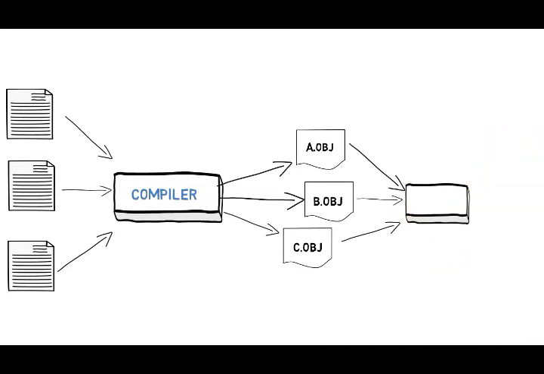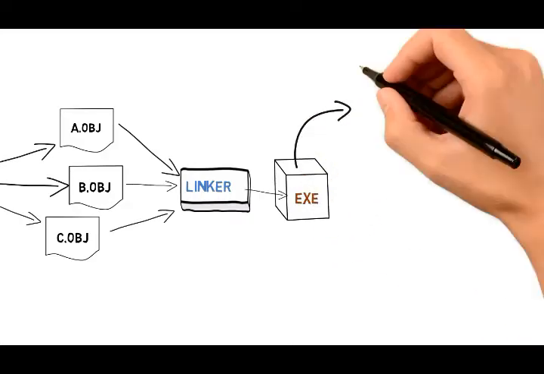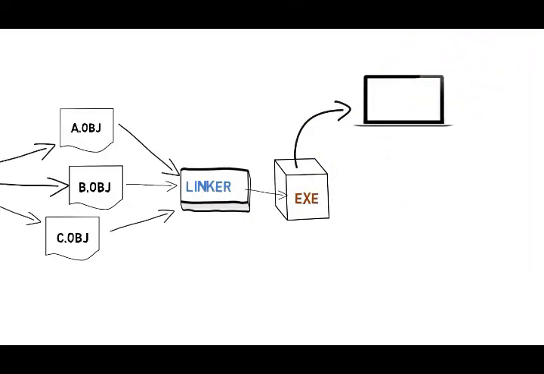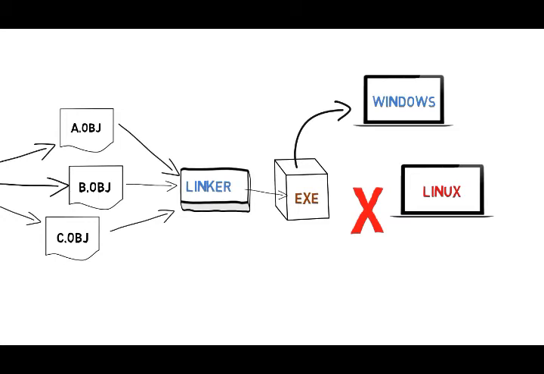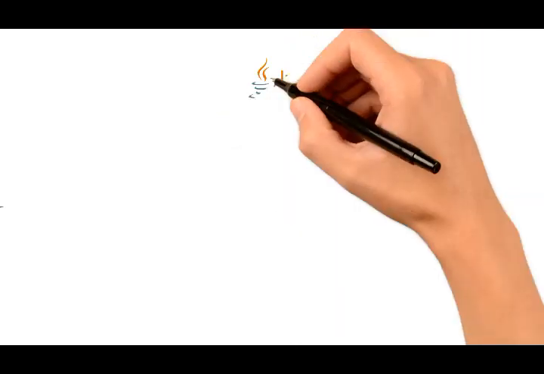Once they are generated, they are linked together by the linker to form an exe, and this exe runs on your OS as an application. Here, the problem is that if you have compiled this application for the Windows platform, it doesn't work on the Linux platform, or vice versa. That is why we say that it is dependent on the platform.